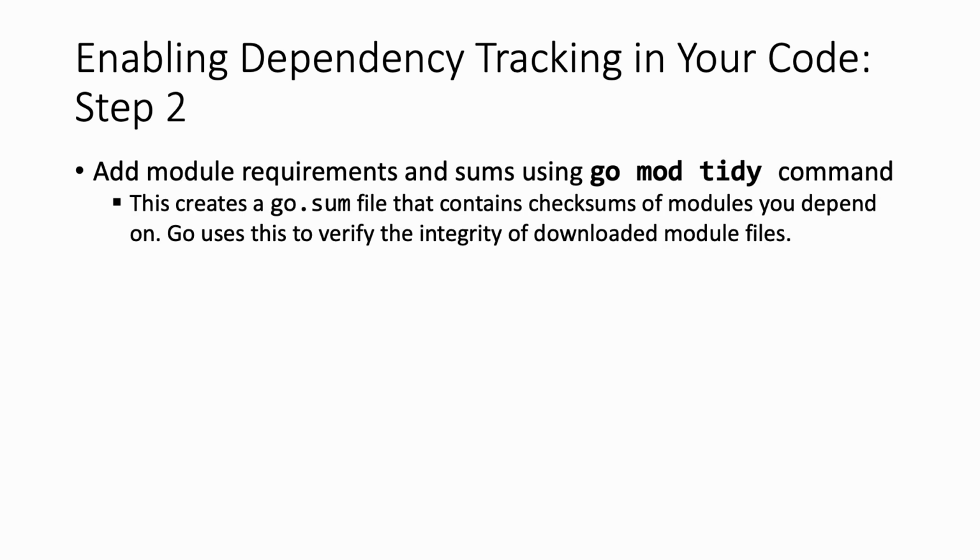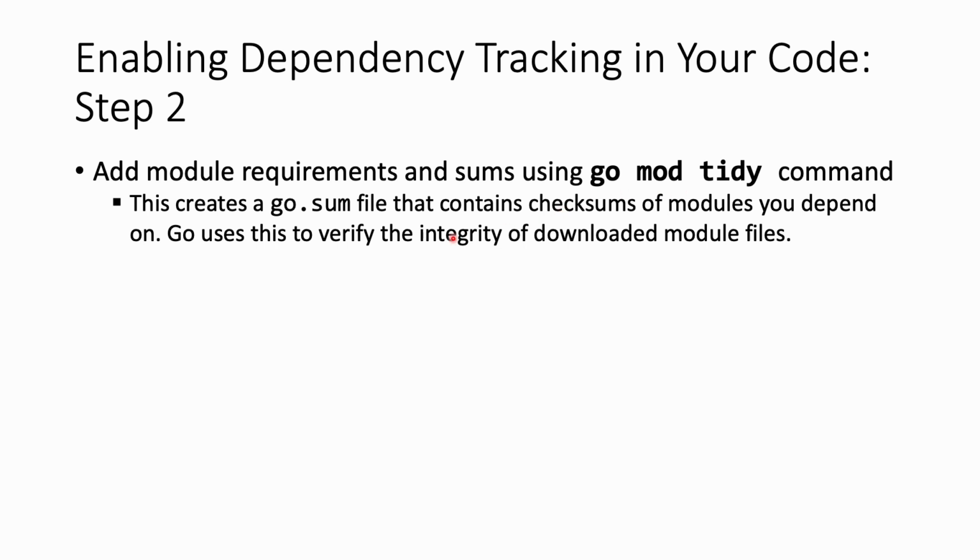In step 2, to enable dependency tracking in your code, you have to add module requirements and sums using the go mod tidy command. This command creates a go.sum file that contains checksums of the modules you depend on.